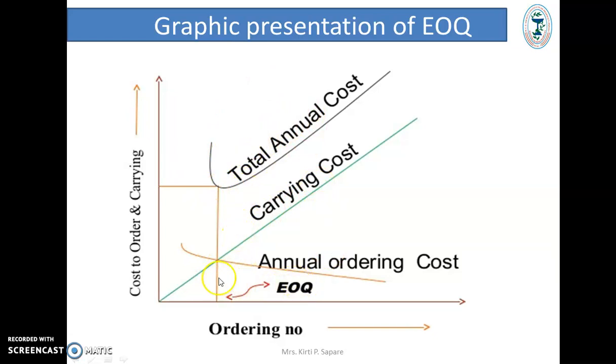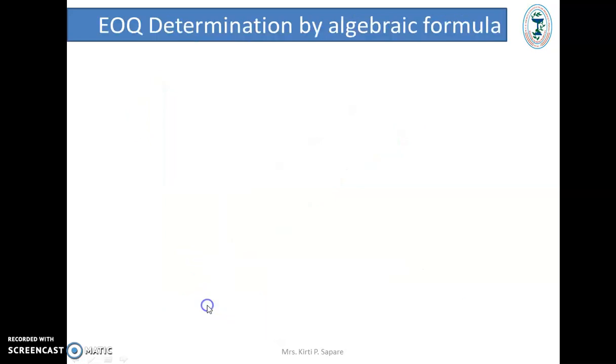So this is the ordering number to order the material. This is the most accurate method of graphical representation, and this is EOQ, that is ordering number or economic order quantity.